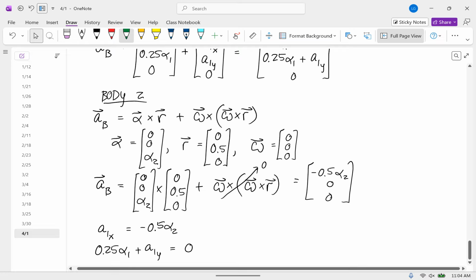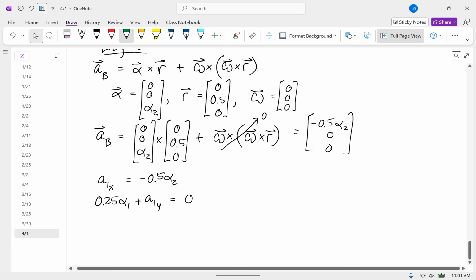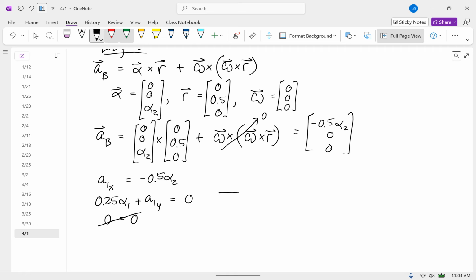And the third one says 0 equals 0, which obviously doesn't help us solve a system of equations. And so this gives us our equation 5 star: A1x plus 0.5 alpha 2 is equal to 0. Yes?